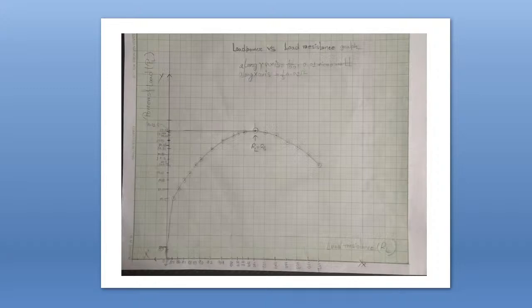For this case the student has considered the value of the small unit along the x-axis as 0.2 ohm and along the y-axis as 0.01 microwatt. So I suggest all of you take at least 15 to 20 readings for load power and load resistance.